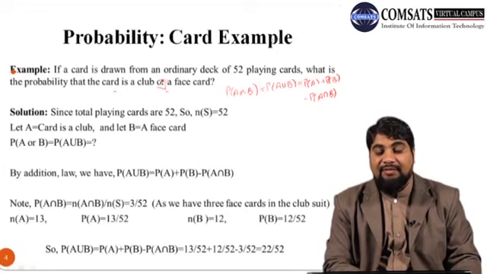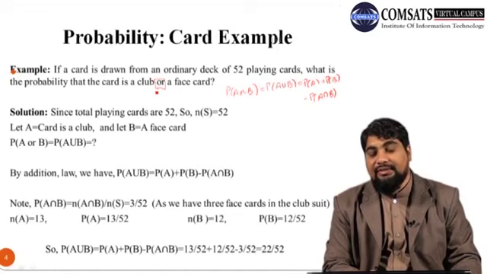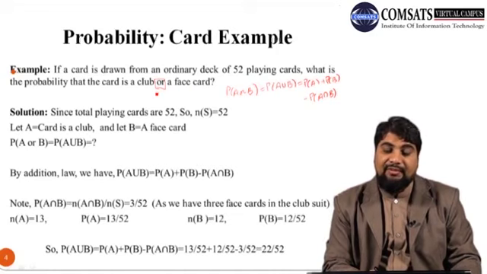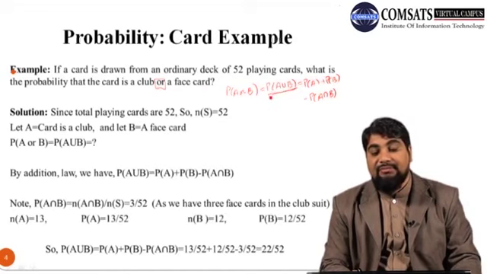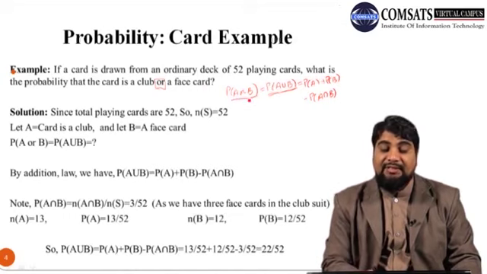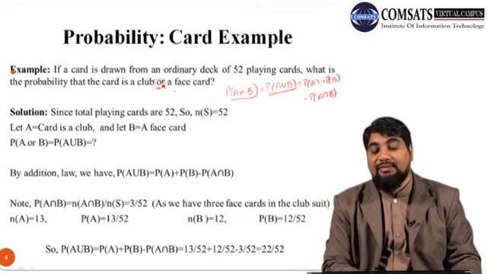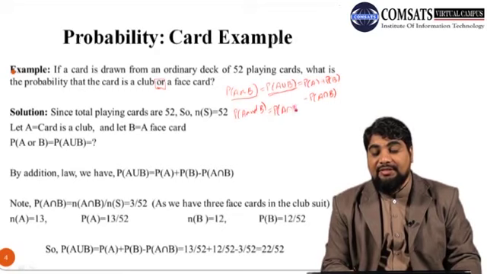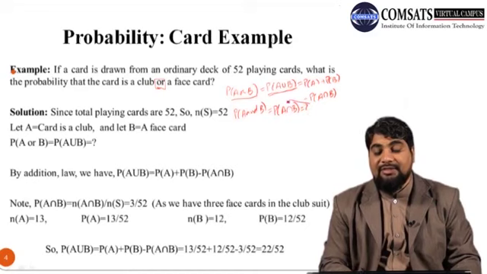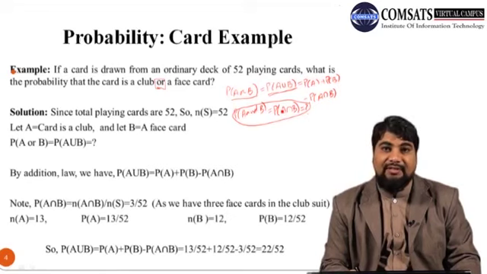Whenever we have "or" in between two statements or two events, it means we need to use A union B, or A or B. But if in a certain question we have "and" instead of "or", it means we are interested in probability of A intersection B. So OR stands for union and AND stands for intersection.